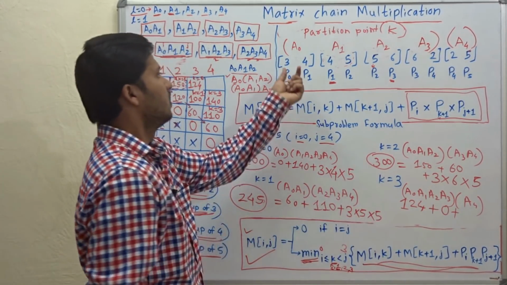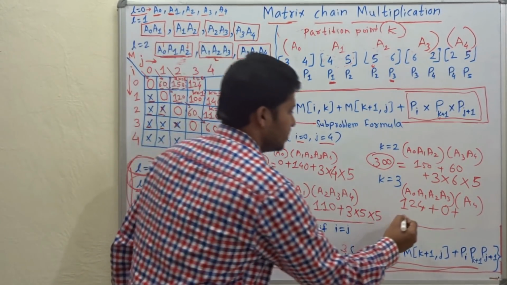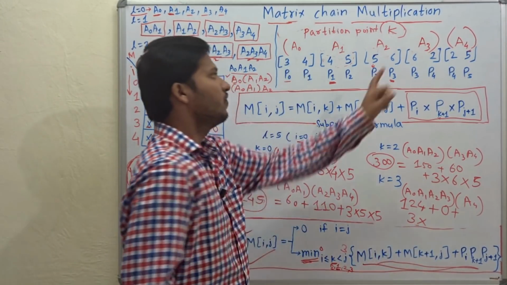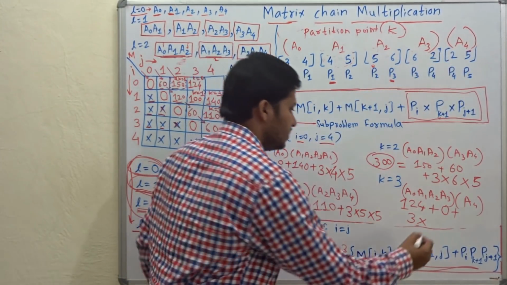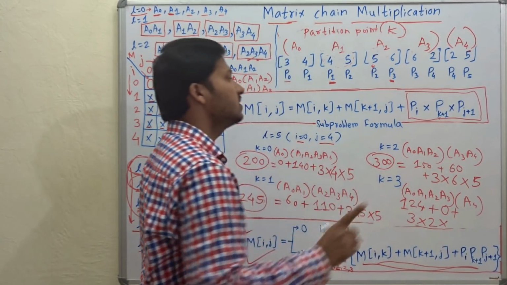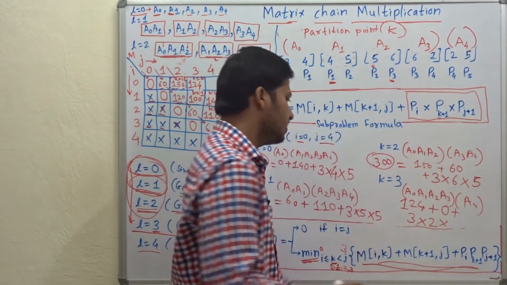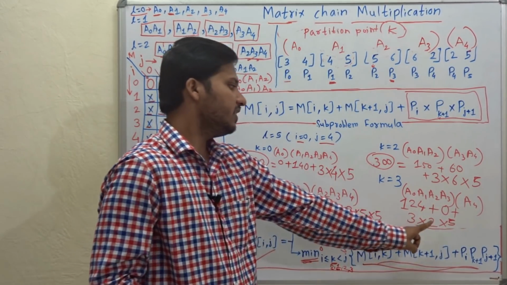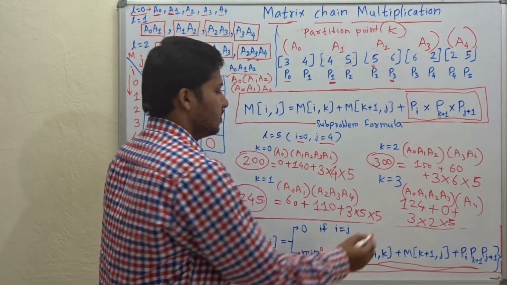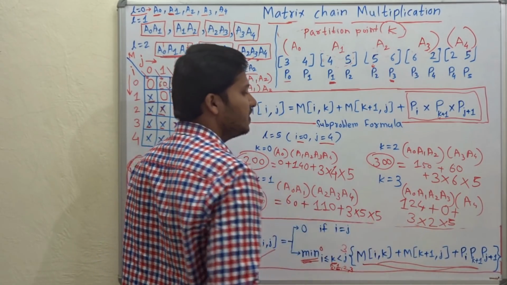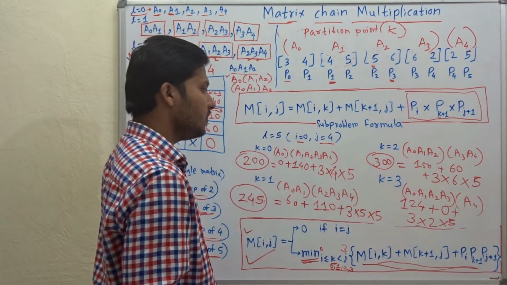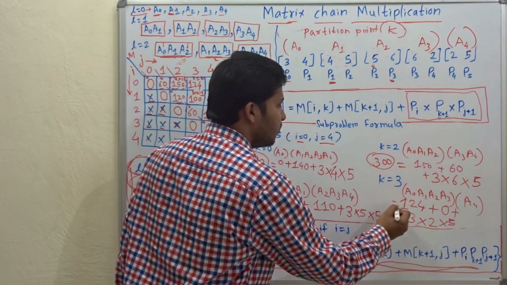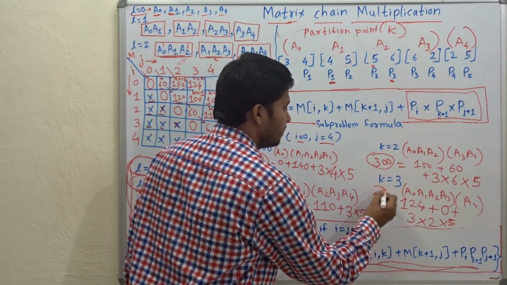Now the first dimension of the first partition, that is 3, into the first dimension of the second partition, that is 2, into the last dimension of the second partition, that is 5. So 3 into 2 into 5. 3 into 2 is 6, 6 into 5 is 30. So 30 plus 124 is 154.